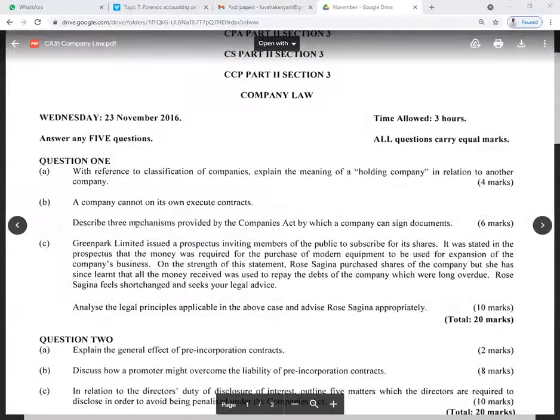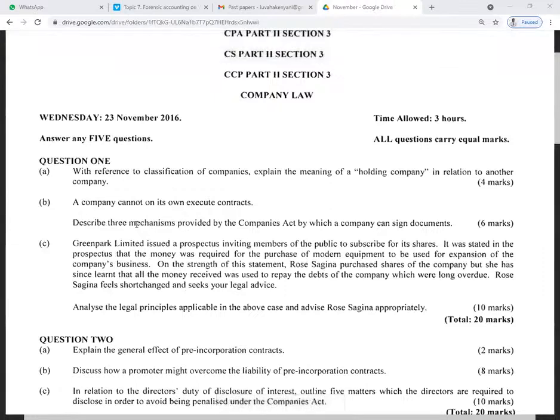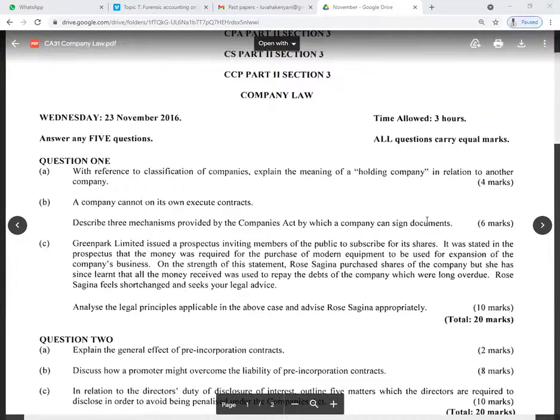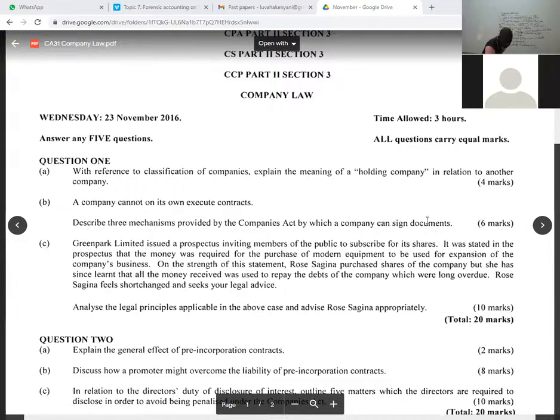The question here was tested in November 2016. It's question 1C.